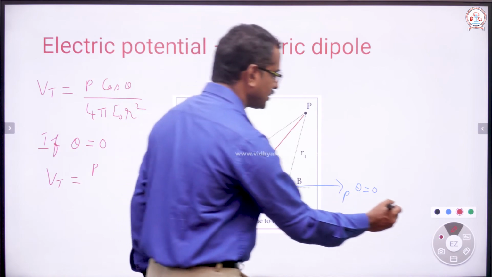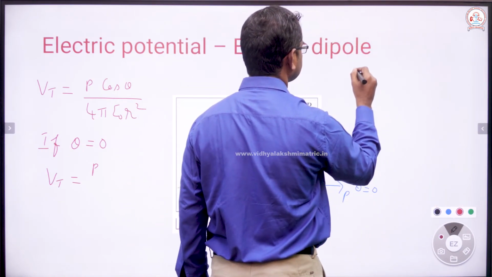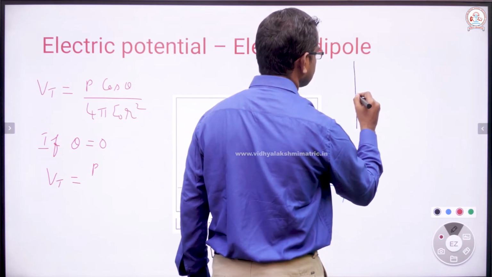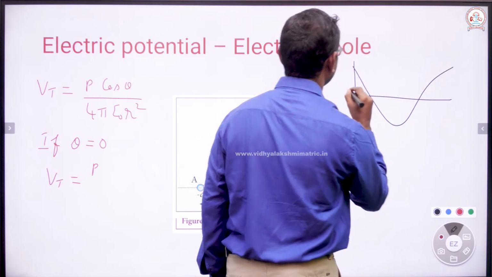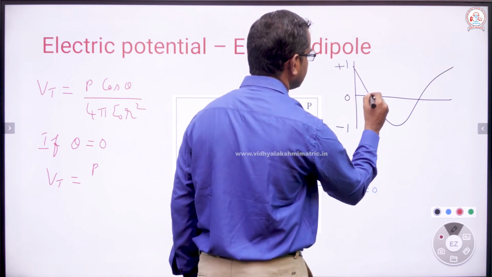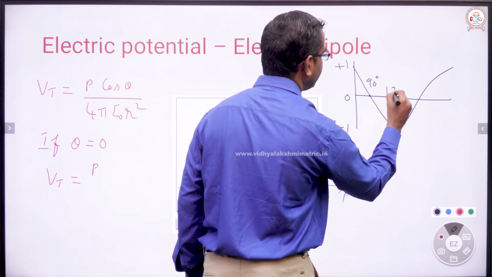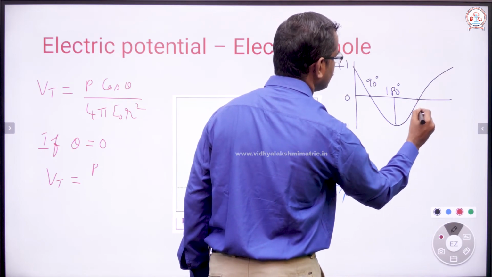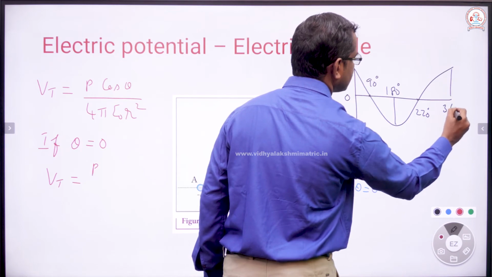What is cos 0? Let us see the cos graph. See, this cos graph goes like this, isn't it? 0, plus 1, minus 1, here you have 90 degree, here 180 degree, here 270 degree, and here 360 degree.